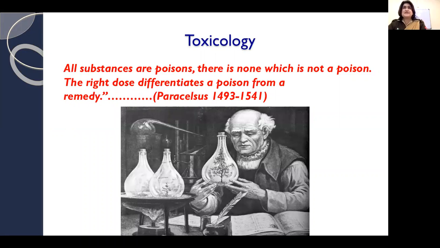Now, Paracelsus, a Swiss-German botanist and physician, once very well said that all substances are poisons. There is none which is not a poison, and the right dose differentiates a poison from a remedy. And I think this is the basic tenet of all toxicology.